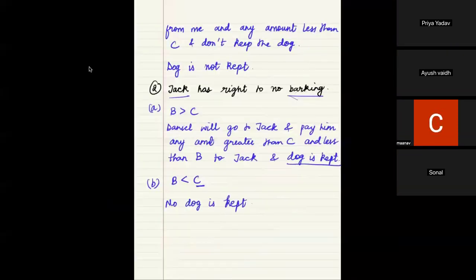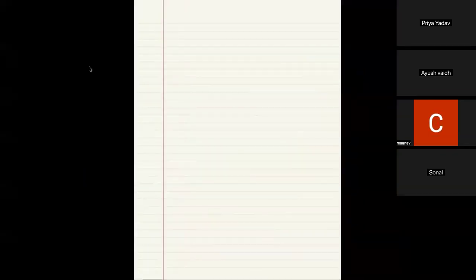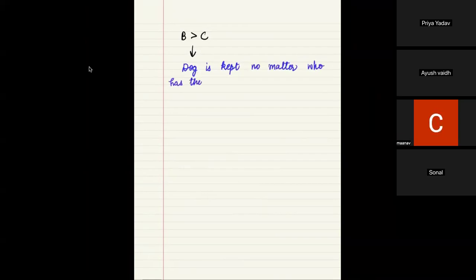In the second case as well, when B is greater than C, the dog is kept. So what we conclude from the analysis is that when B is greater than C, the dog is kept, no matter who has the rights.